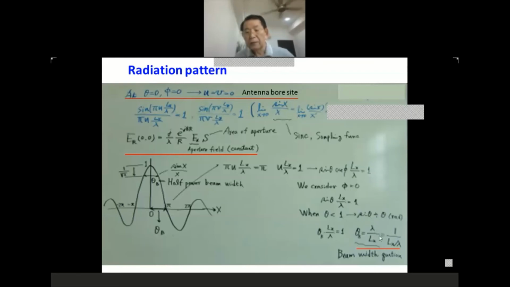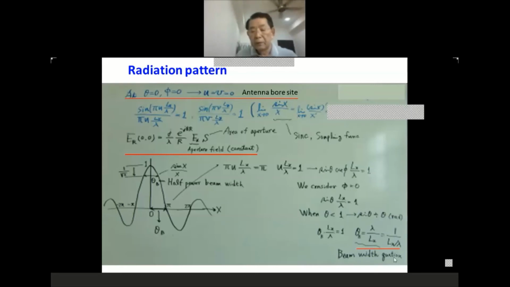If we convert this radian to degrees, we multiply by 180 degrees divided by pi. Then this radian is converted to degrees.